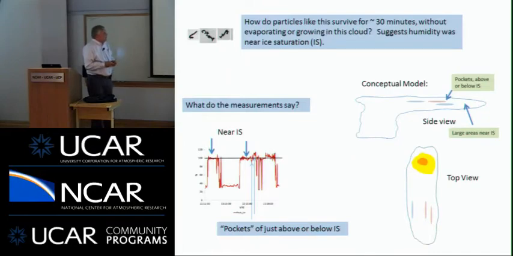In some cases, like the June 6th case, almost all of it was near ice saturation. As you get to other cases, you'll get more and more pockets of different characteristics. But these are consistent with the kind of things we see, where you'll see occasional faceted growth on particles, and you'll see some fragments where things have evaporated, and you'll see some areas where the particles have stayed intact for a fairly long period of time.